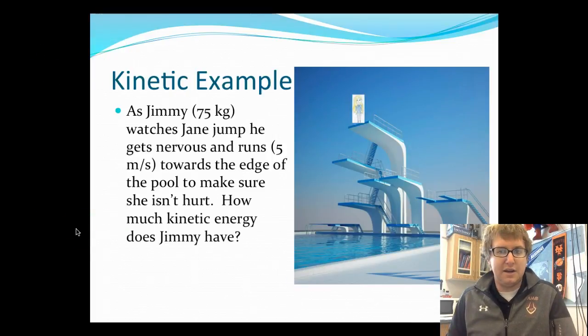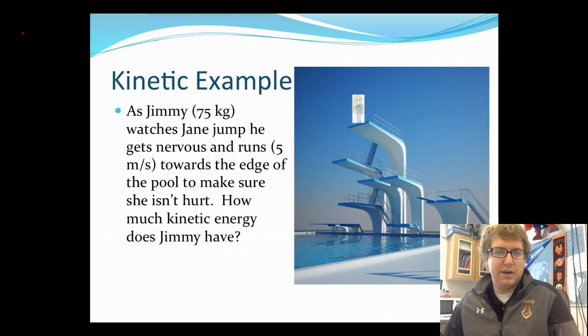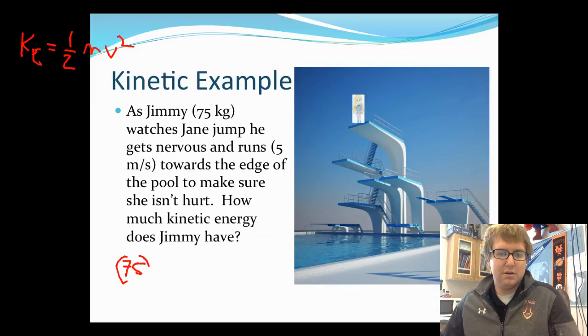Here's our kinetic example. As Jimmy, 75 kilograms, watches Jane jump, he gets nervous and runs 5 meters per second towards the edge of the pool to make sure she isn't hurt. How much kinetic energy does Jimmy have? Remember, kinetic energy is equal to 1/2 times the mass of the object times its velocity squared. Jimmy is our object, so 75 is our mass, times 1/2, times its velocity squared.